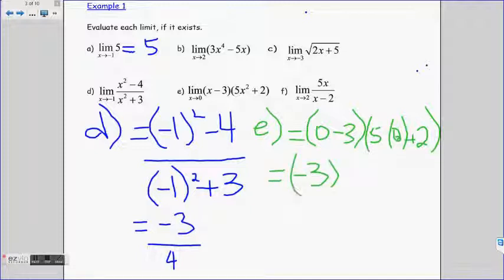So what that gives us is negative 3 and then 2. And our evaluated limit then is just 6.